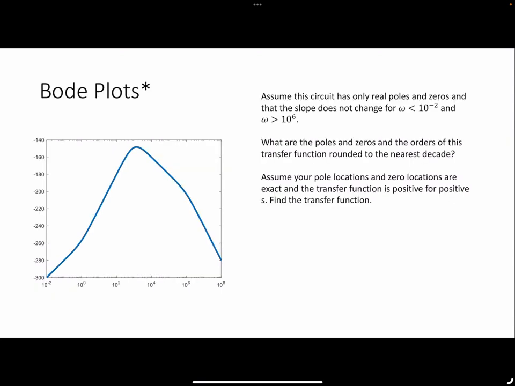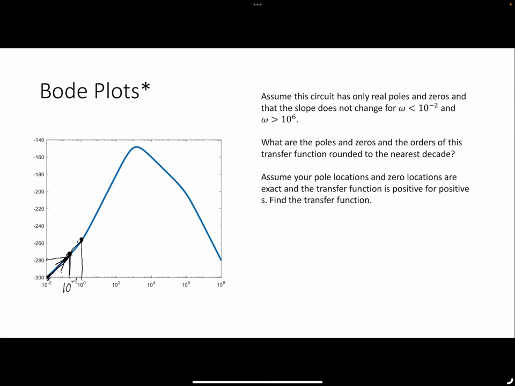Okay, if I showed you this plot, based on looking at the slope from here to here, we move from 20 to 40 decibels, as 10 to the negative 1 goes to 1. So we moved about 20 decibels per decade in the positive direction.